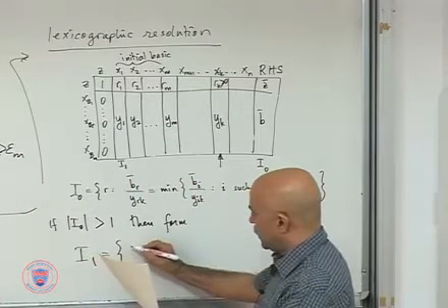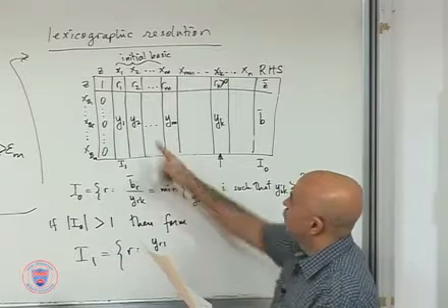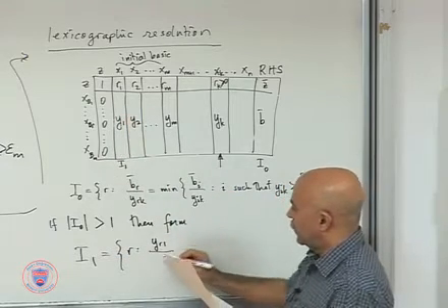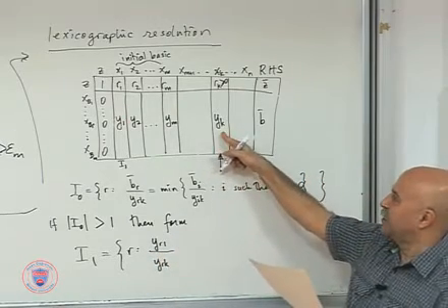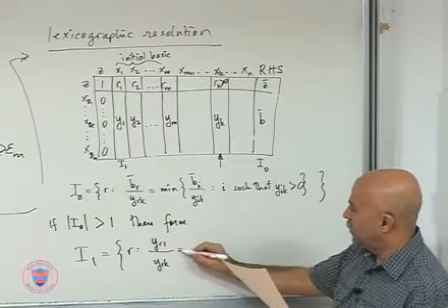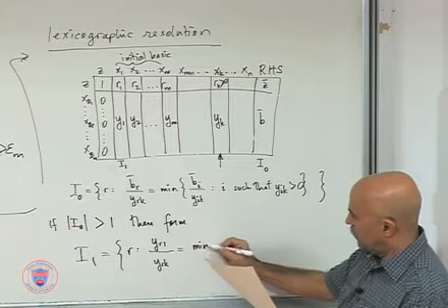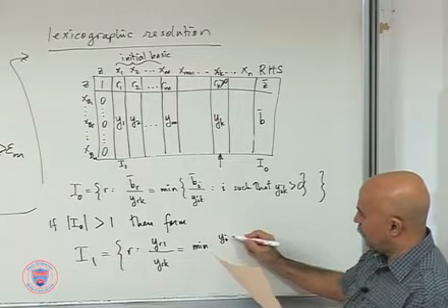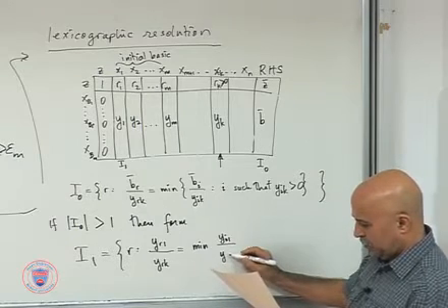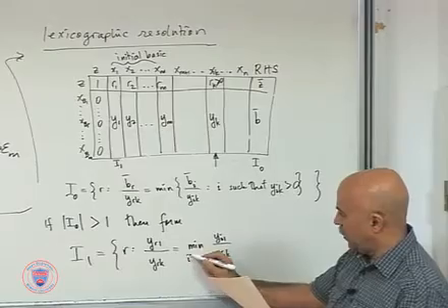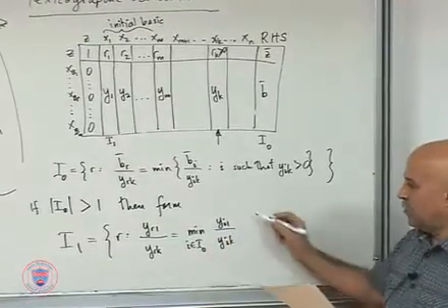So the formula for that is the following. I1 is the set of row indices such that YR1, the element coming from column 1, divided by YRK, the element that comes from column K, is a minimum ratio over those row indices I, YI1 divided by YIK, where I is restricted to the initial tied elements, I belonging to I0.